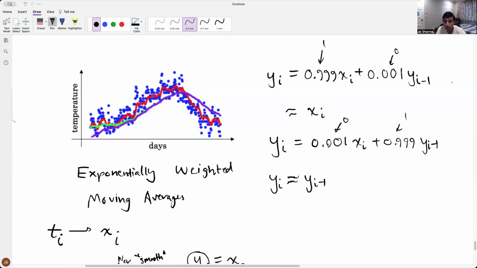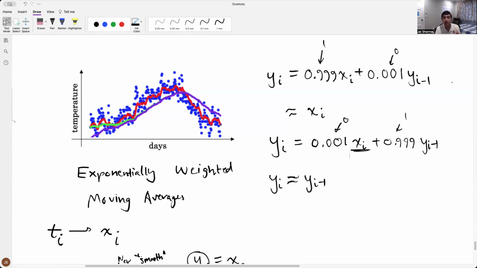And so if this first number, which corresponds to the current reading, is higher, then you're taking the current reading more into account. Since the assumption is that your original data has a lot of variability, those blue points, which are the original data, have a lot of variability.